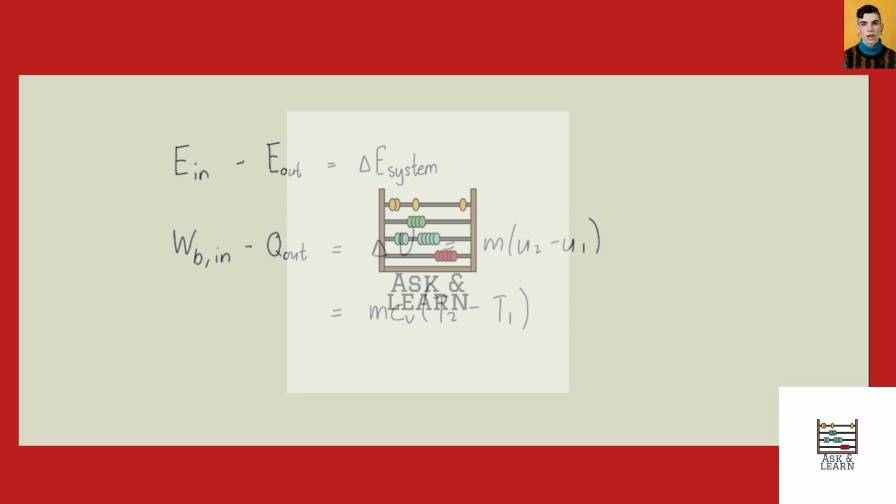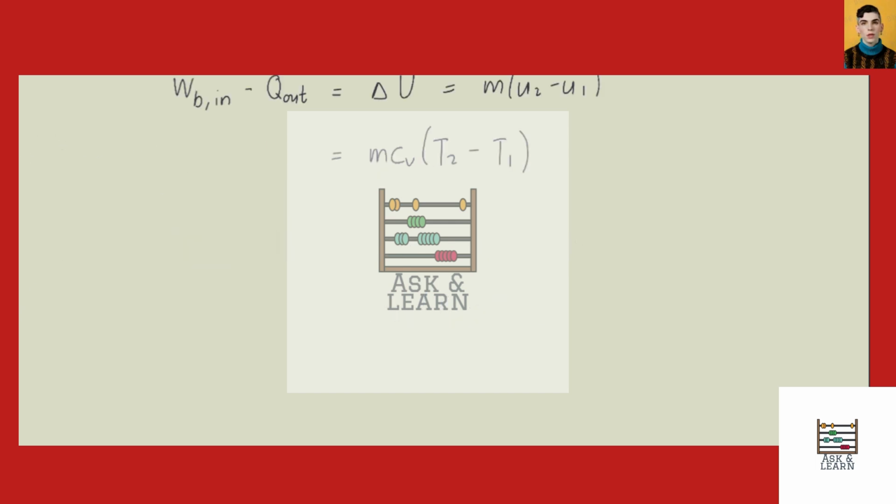So that's our energy balance equation. Now, we need values to substitute into this equation. So we'll first find the final pressure and hence the final temperature of the nitrogen.